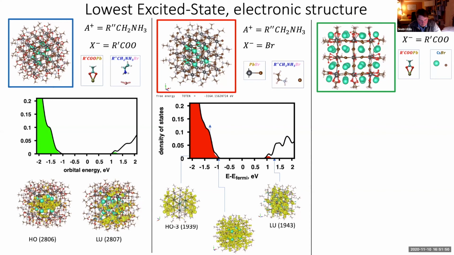So we've looked at the ground state and the lowest excited states with fully passivated surfaces. The next set of data will look at what happens to the orbitals and the density of states when I remove pairs of ligands from the surface and optimize the model.